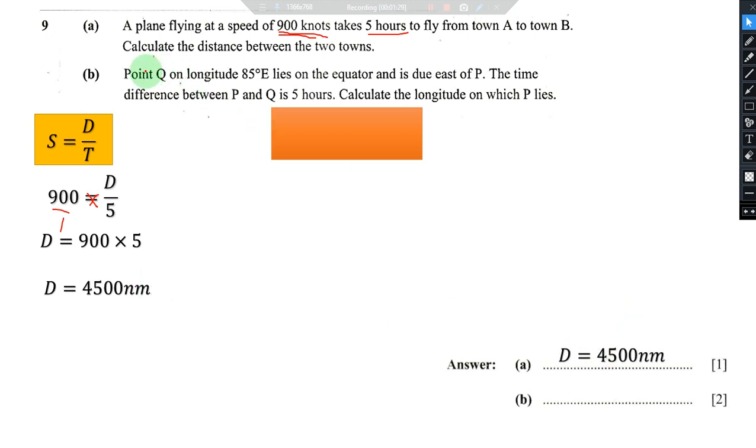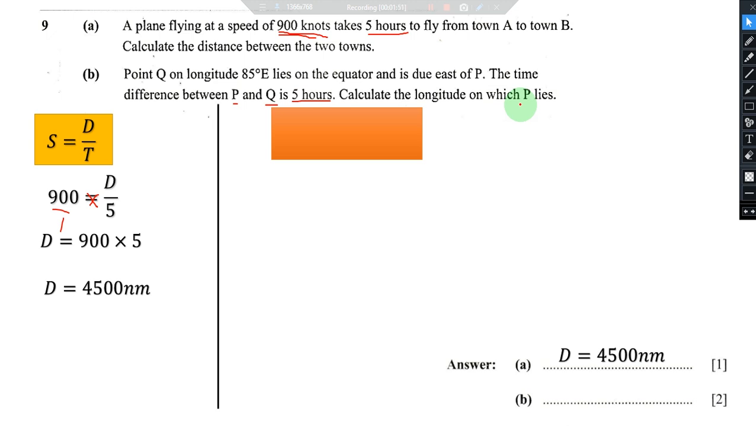We go to question 9b. Point Q on longitude 85 degrees east lies on the equator and is due east of P. The time difference between P and Q is 5 hours. Okay, calculate the longitude on which P lies.